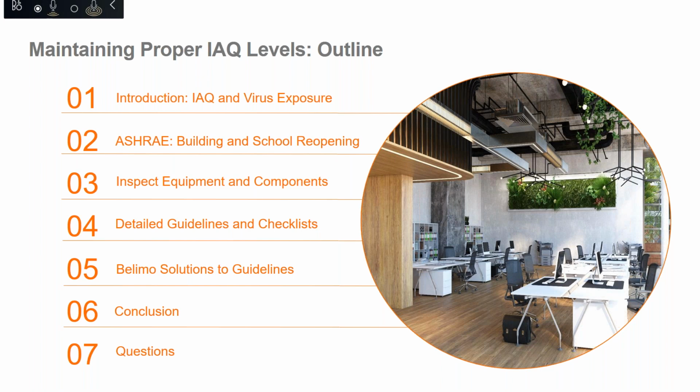Part of these guidelines include inspections and specific checklists to make sure that building occupants remain safe and healthy, which we're also going to be speaking to here. Finally, we'll be connecting the dots between what ASHRAE is recommending and how we can specifically help by using Belimo's products. And of course, we're going to be finishing up with a Q&A session. So again, feel free to type questions into the question box as they come up.